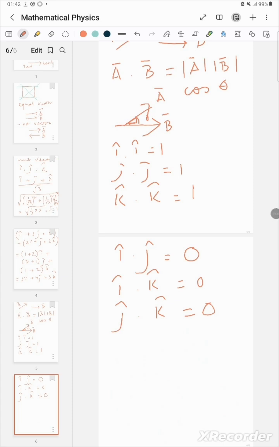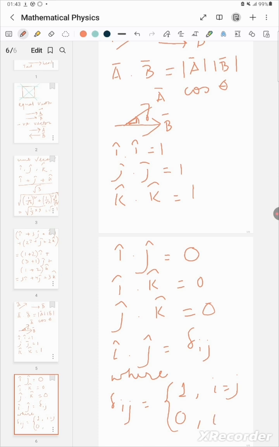Now let us represent this dot product in terms of a special function called the Kronecker delta function. So overall, this value of i cap dot j cap can be represented as the Kronecker delta function delta ij, where delta ij is nothing but 1 when i is equal to j and 0 when i is not equal to j.